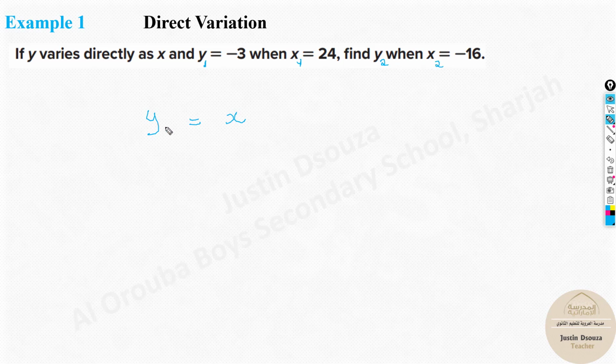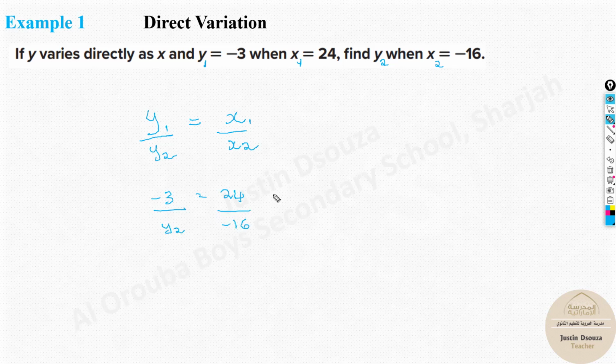So what I'll do is, y1 over x1 is equal to y2 over x2. Now all you do is substitute all the values. It'll be minus 3 over 24 equals y2, which is unknown so you leave it as it is, over minus 16.